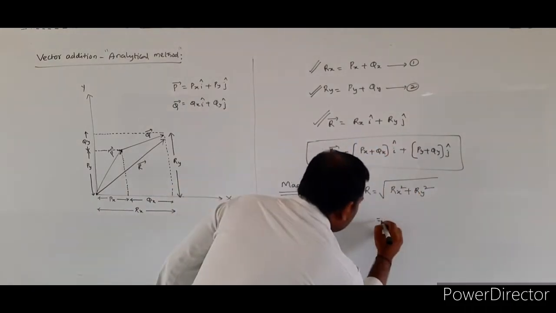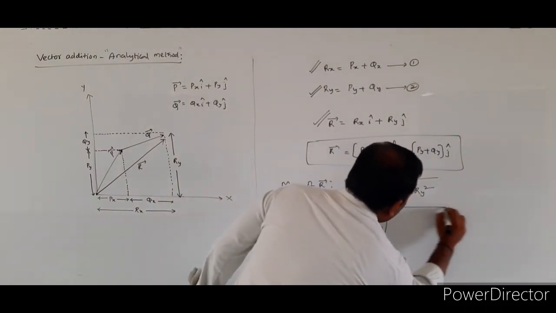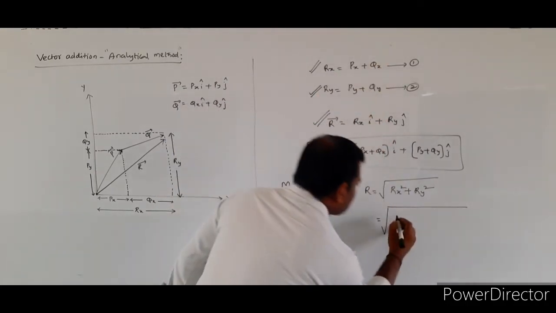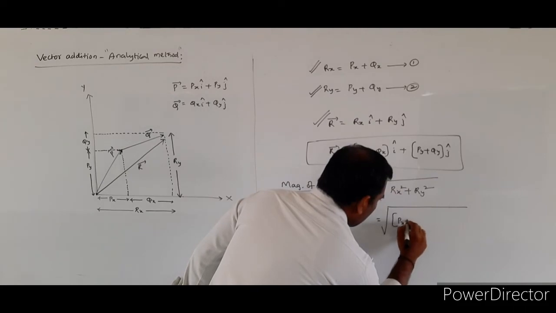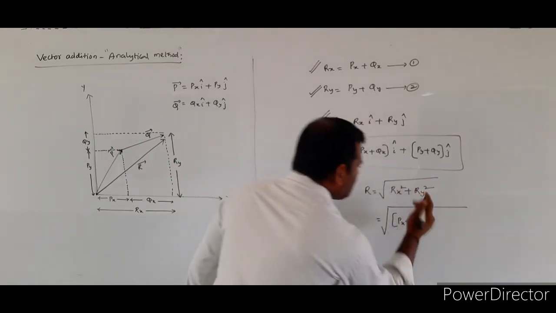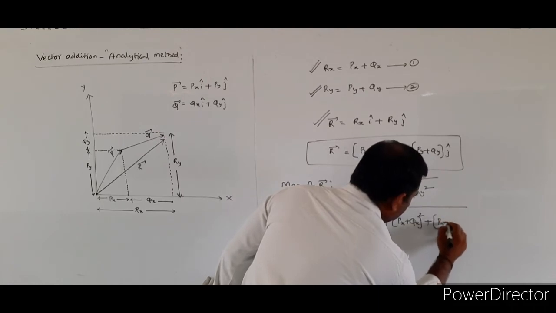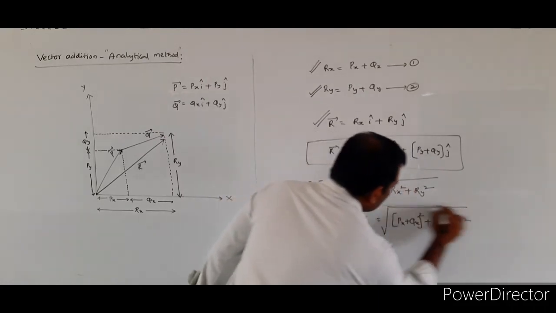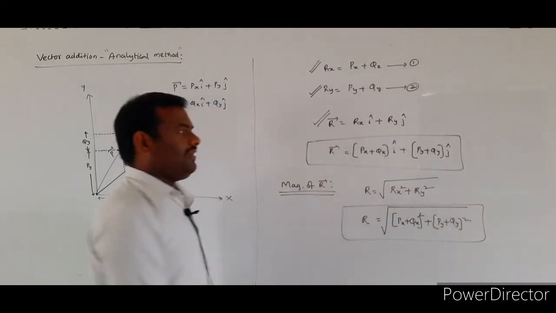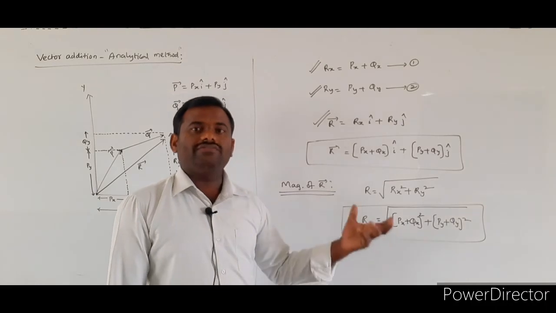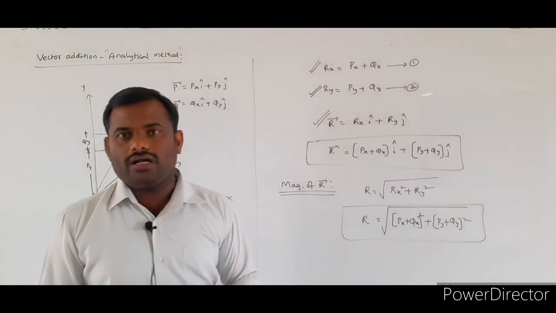So already you know the values of Rx and Ry. Rx is Px plus Qx, so R is equal to the square root of (Px plus Qx) whole square plus (Py plus Qy) whole square. This equation gives the magnitude of the resultant vector R bar.